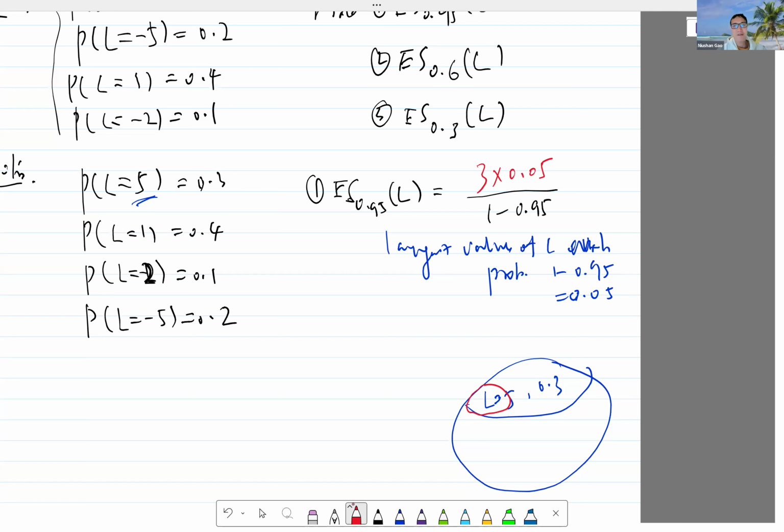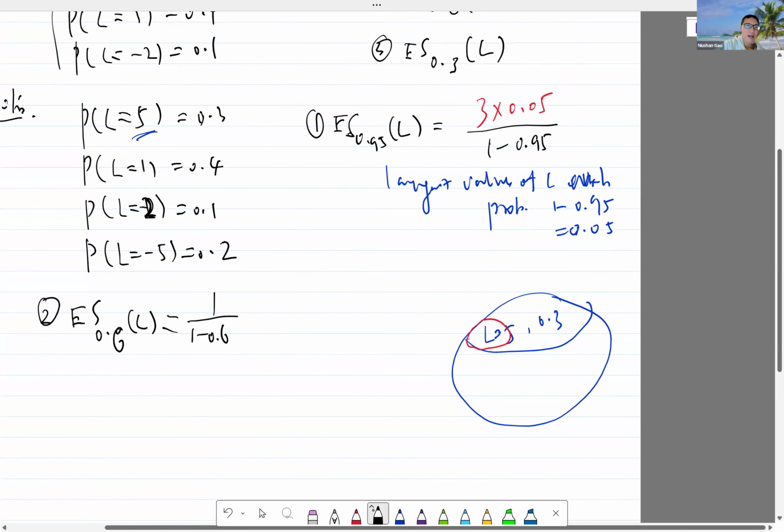The average is the value times the probability, right? How about this one? The expected shortfall of 0.6. So you need to consider the average over the tail probability 1 minus 0.6, which equals 0.4.